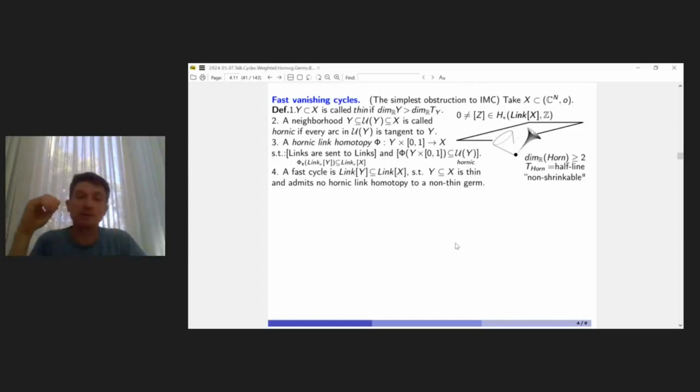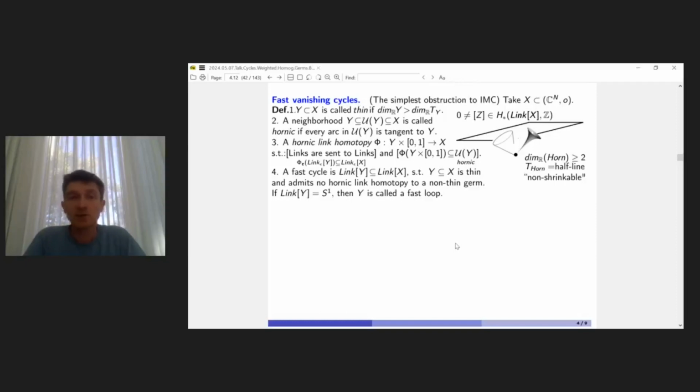What we want is that we have something essential. We cannot just shrink it to a line, as in the case of the horn. We cannot just shrink it to its tangent cone. And if the link is just a circle, then y will be called a fast loop. So these are the definitions basically.